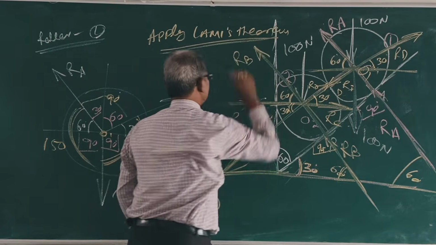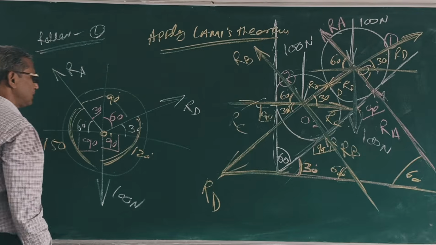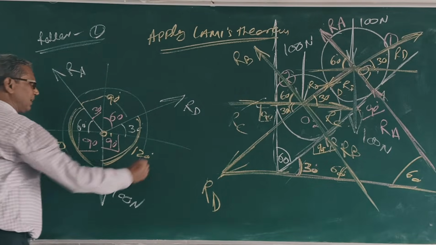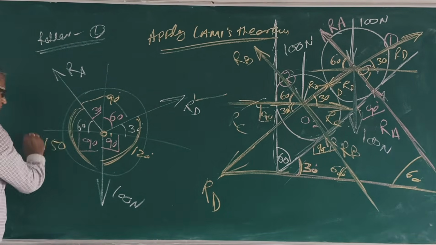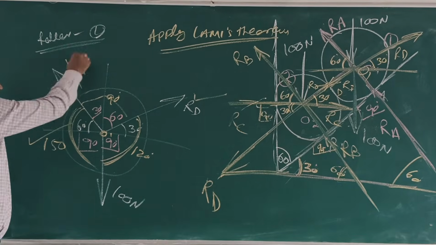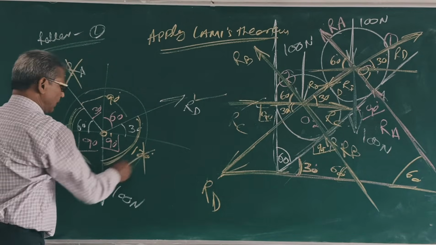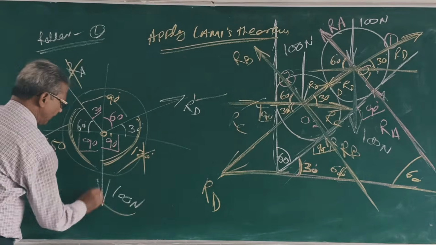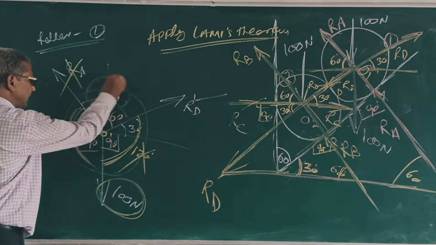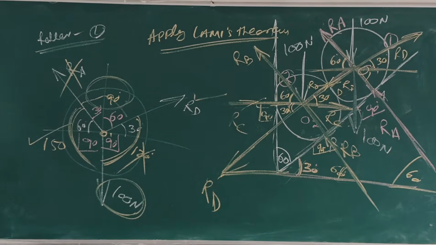Clear? Now RD by sin 150, RA by sin 120, 100 by sin 90. Clear? This is Lami's theorem. What is Lami's theorem?